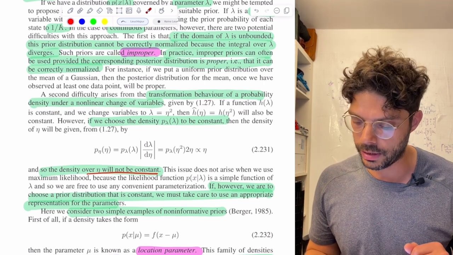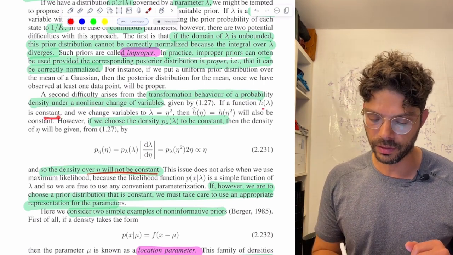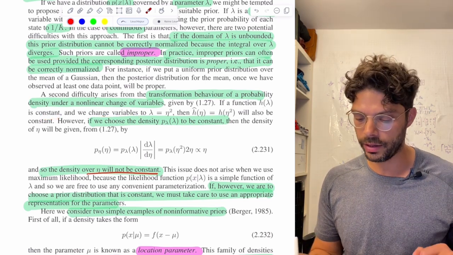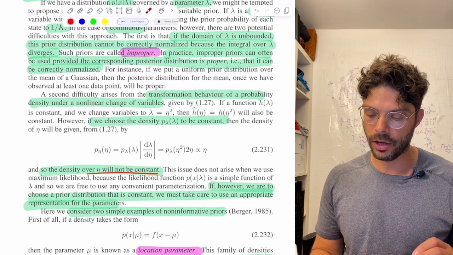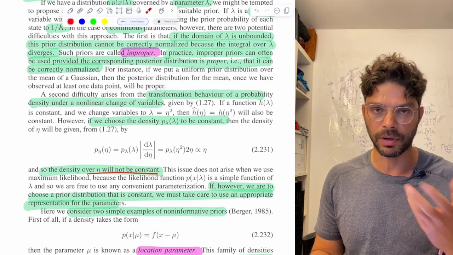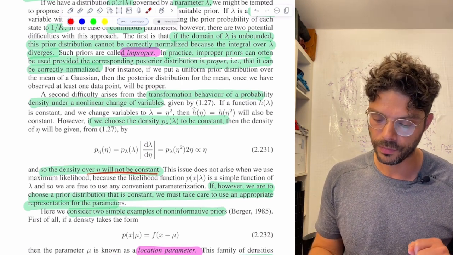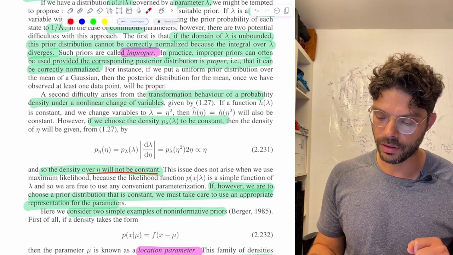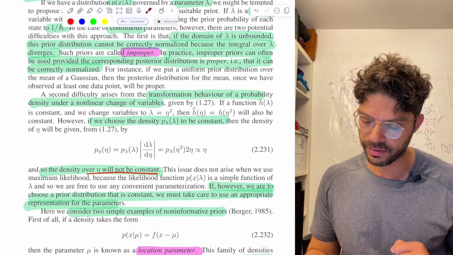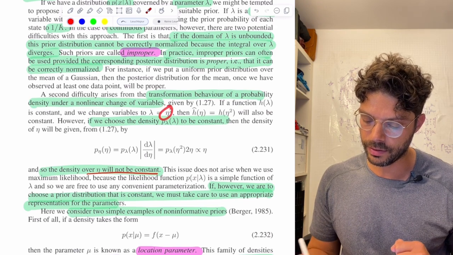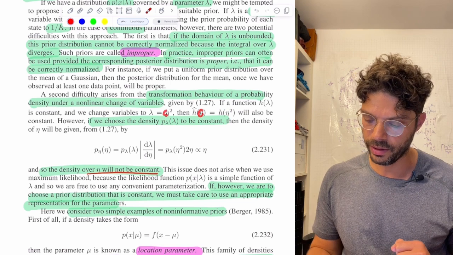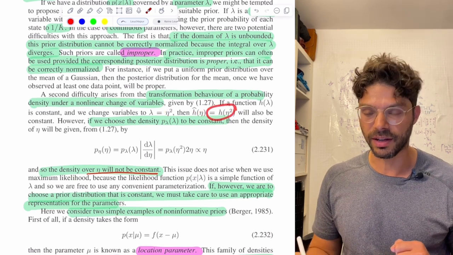If a function h of lambda is constant, and we change variables to lambda equals eta squared, then h hat of eta, which is the function in terms of eta, where we've just plugged in eta squared for lambda, will also be constant.